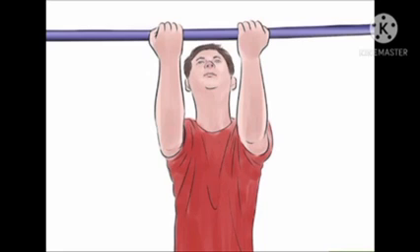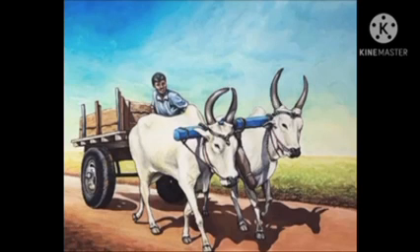Okay? Moving to our fourth picture, here you can see bullock cart. Here the bullocks need a certain force to pull the cart which is behind them. They need pressure, they need some force to pull that cart which is attached to them.